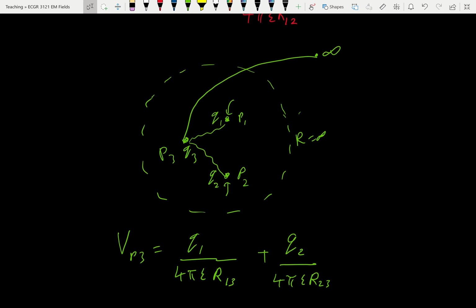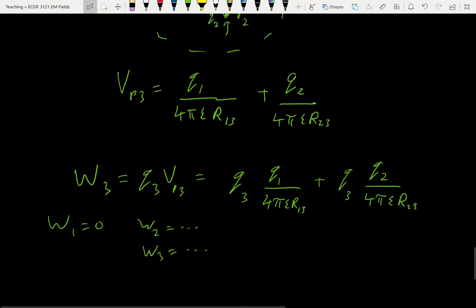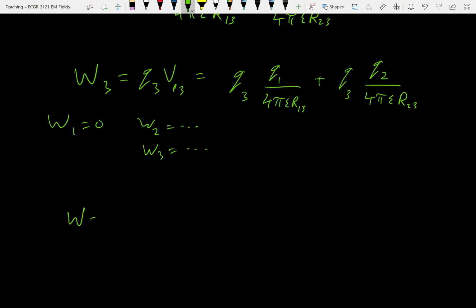If we stop at 3, the total energy of the system will be equal to the total amount of work needed to build that system. The total energy will just be W1 plus W2 plus W3.